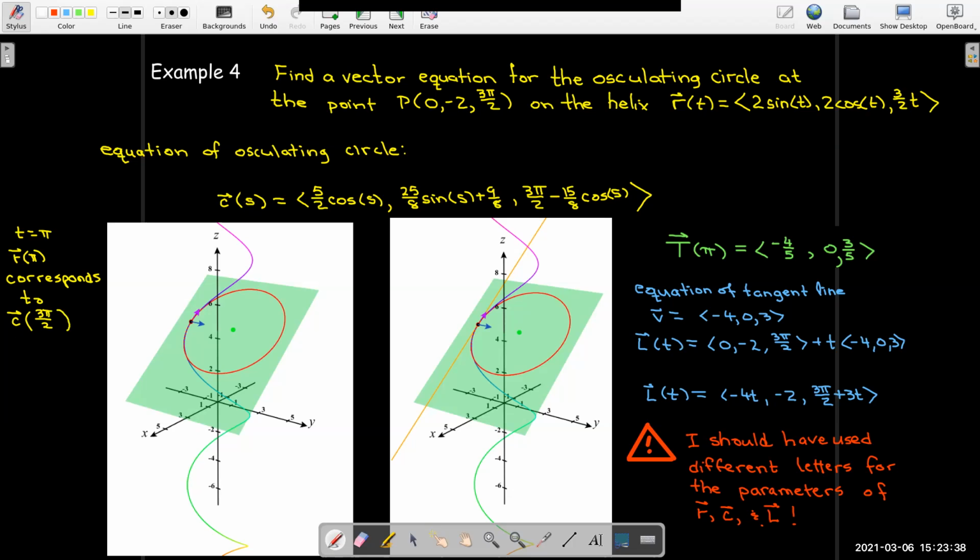So that is when s, the parameter s, equals 3 pi over 2. And then in my equation of the tangent line, let me use yet a different letter instead of t. Let me choose u as the parameter.